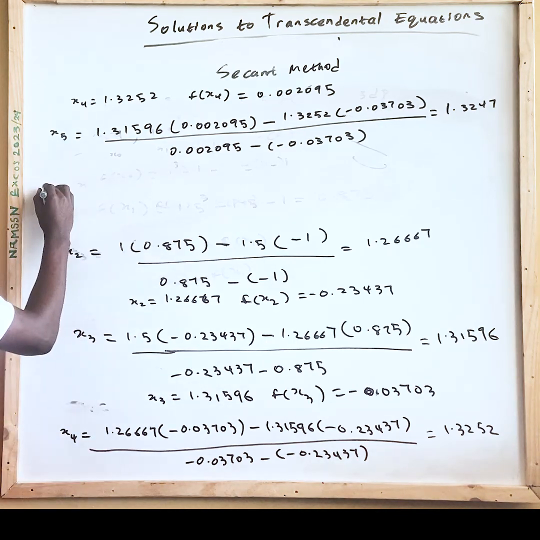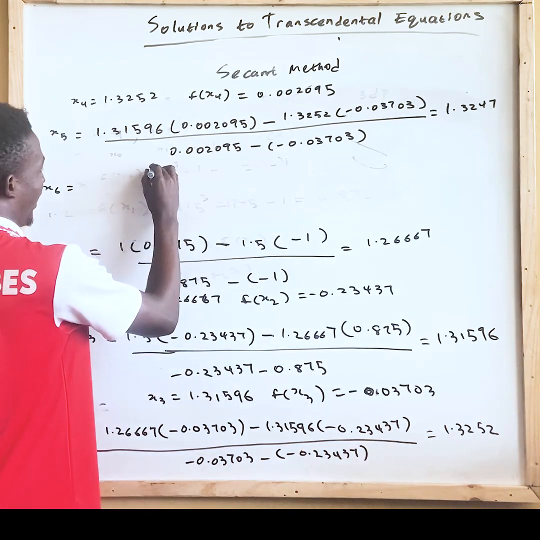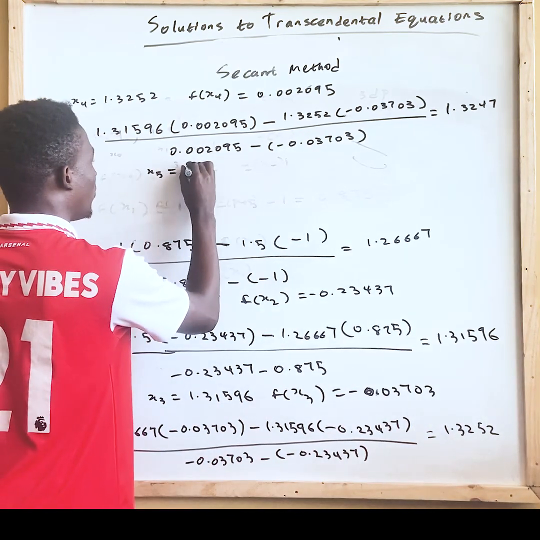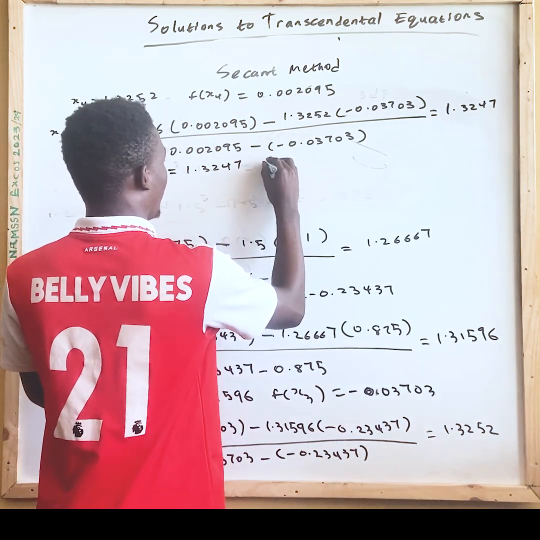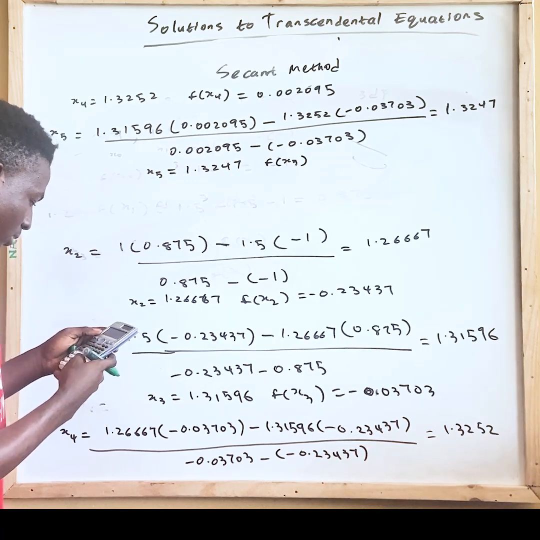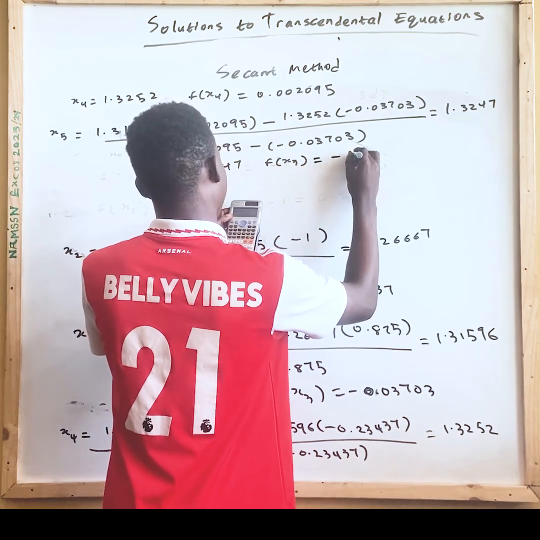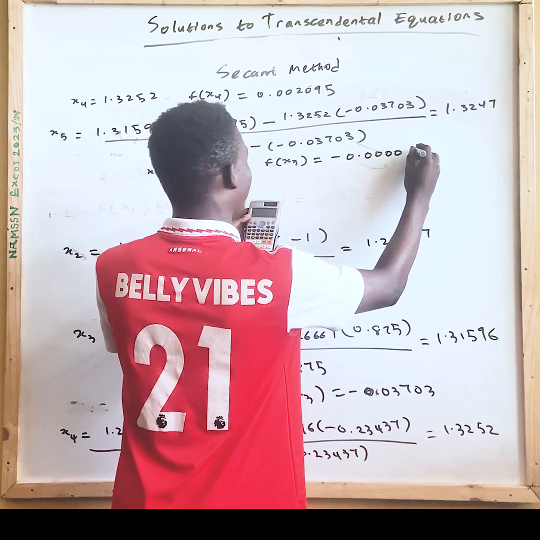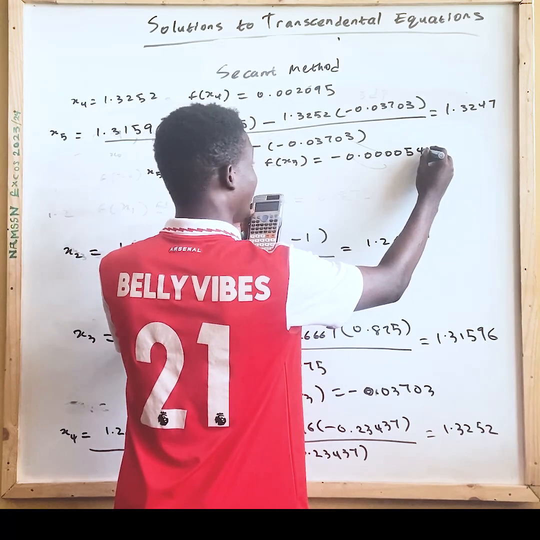Let's do x6. So x6 is going to be x4. Okay, always forgetting, x5 equals 1.3247 and f of x5, wow, minus 0.0000543.